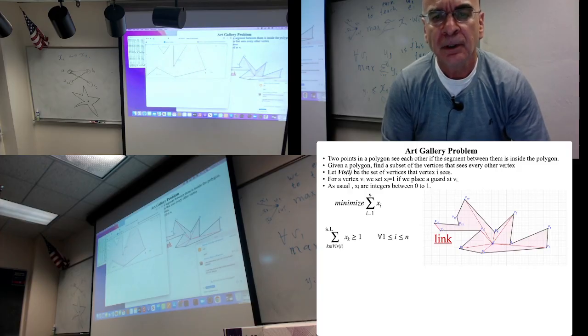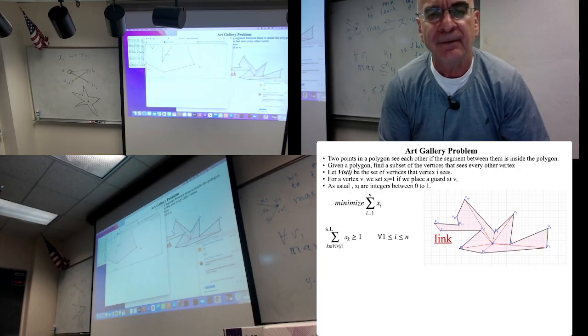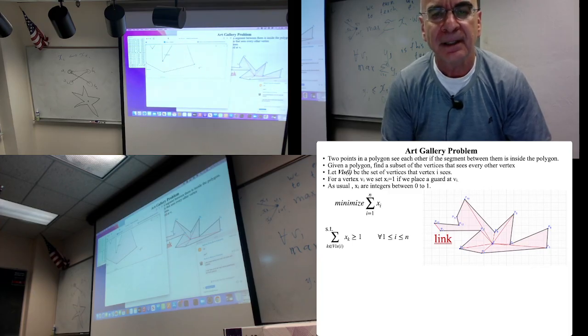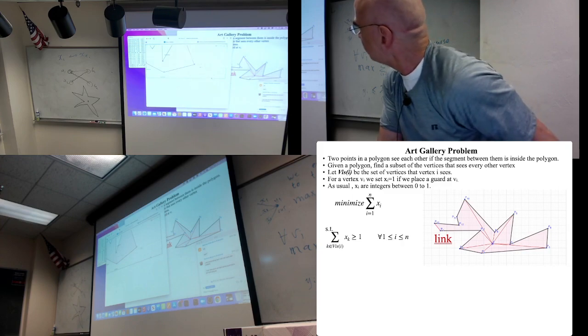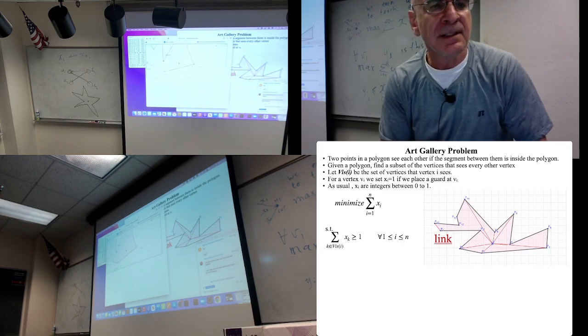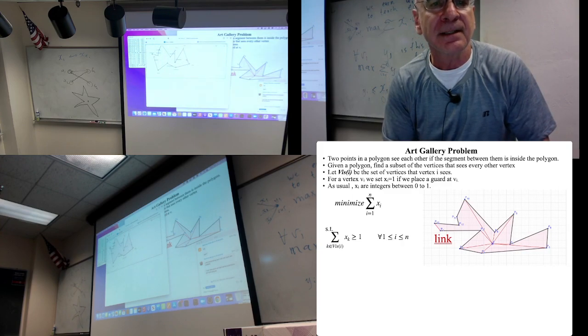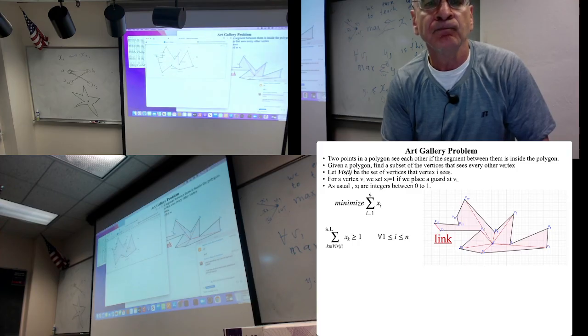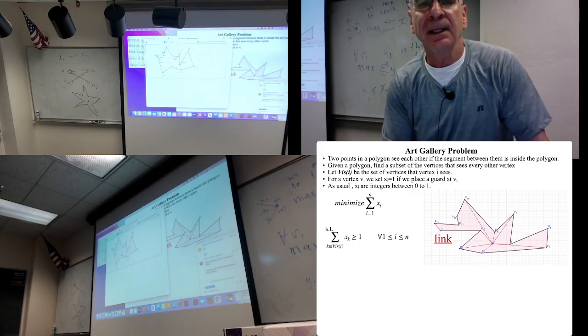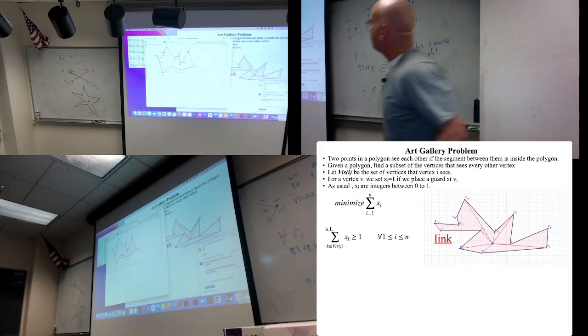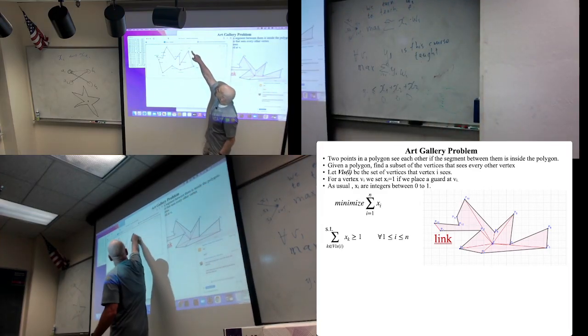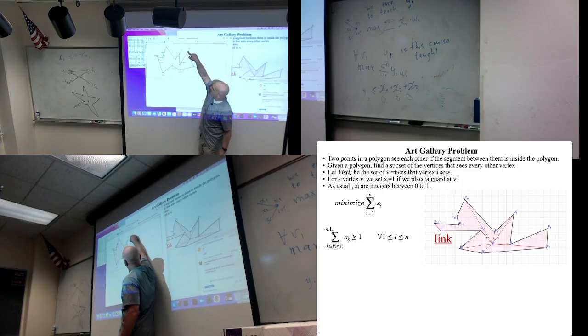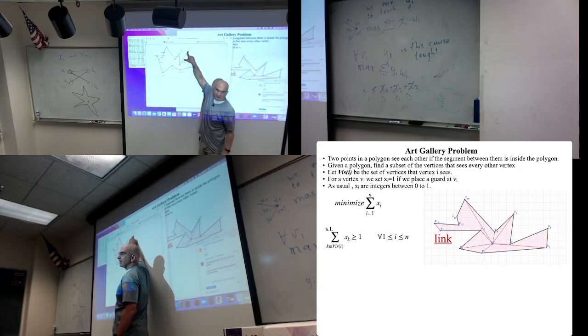The vertex E sees the vertices C, D, F. These are all the vertices that I can see from here. Here is the list of vertices that I'll see had I put a camera over here.